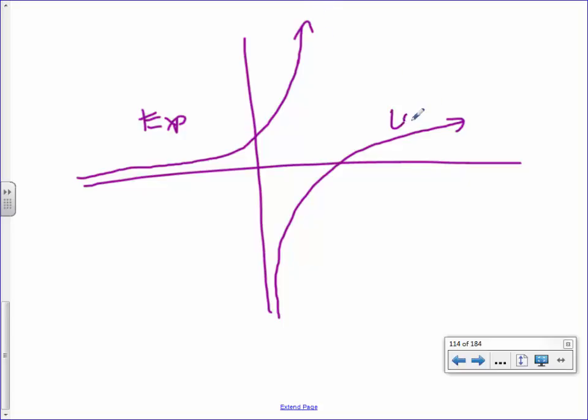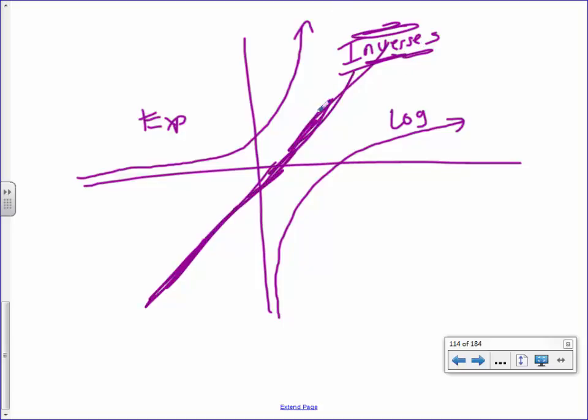Well, this is a log graph, and it shoots up really fast, and then it starts to slow down slowly but surely. Does that make sense? The word we use for them is that they're inverses of each other. You don't probably need to know that word for the diploma or anything that I test you on, but that's the word we use where they're very similar. You can almost draw a line right through the middle of this thing, a diagonal line.